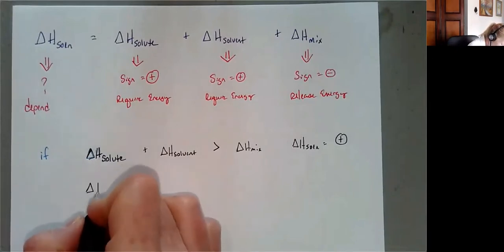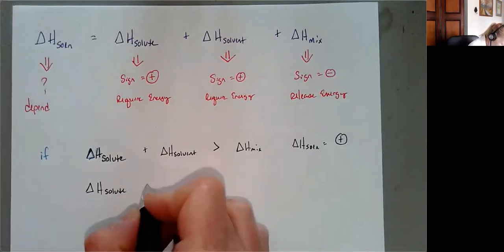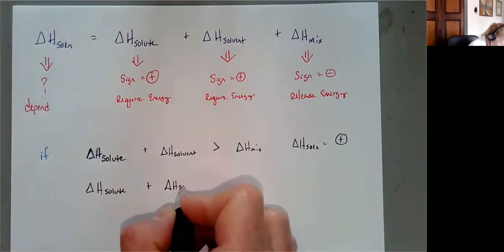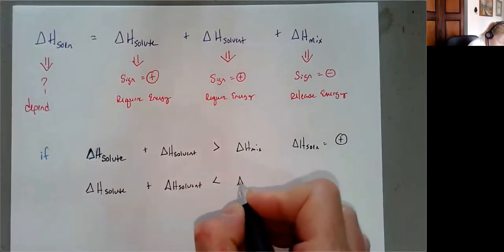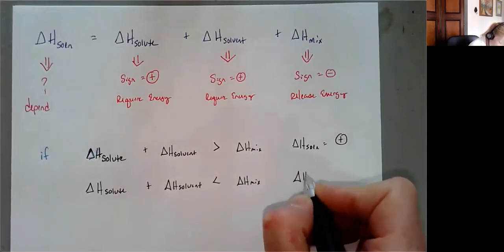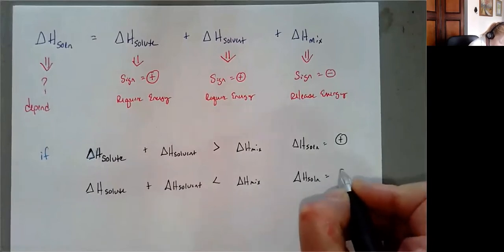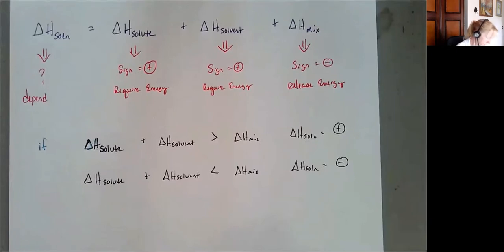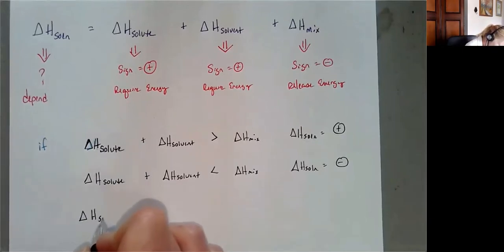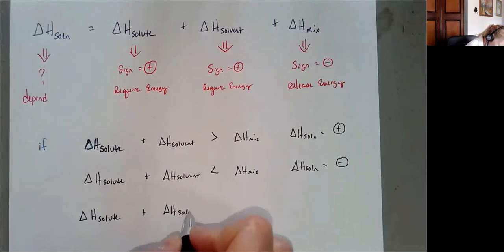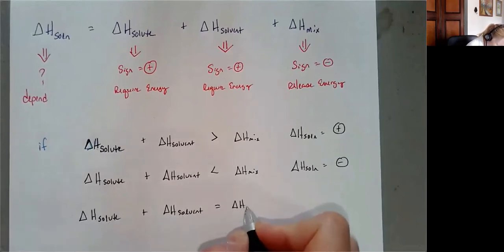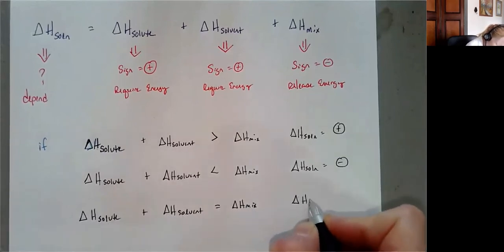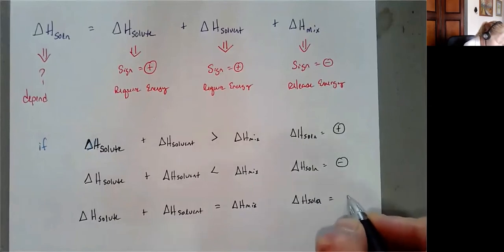If my delta H of solute plus my delta H of solvent is less than delta H of mix, now my delta H of solution is going to be negative, and it's going to be favored from an enthalpy standpoint. I could also have the scenario where delta H of solute plus delta H of solvent equals delta H of mix. So in this case, my delta H of solution is going to be close to 0.